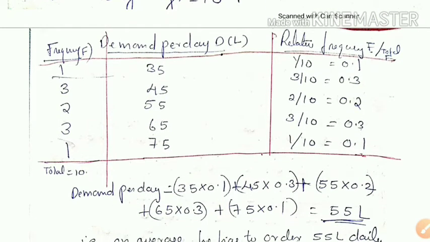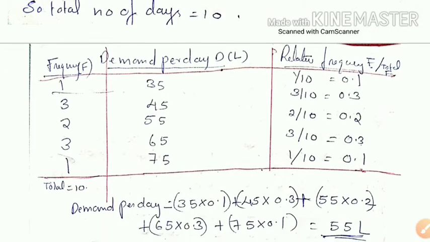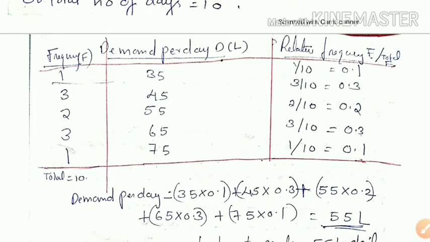Frequency, we are forming a table for simulation. First frequency, then demand per day, that is D in liters, and relative frequency, that is frequency by total number of days.